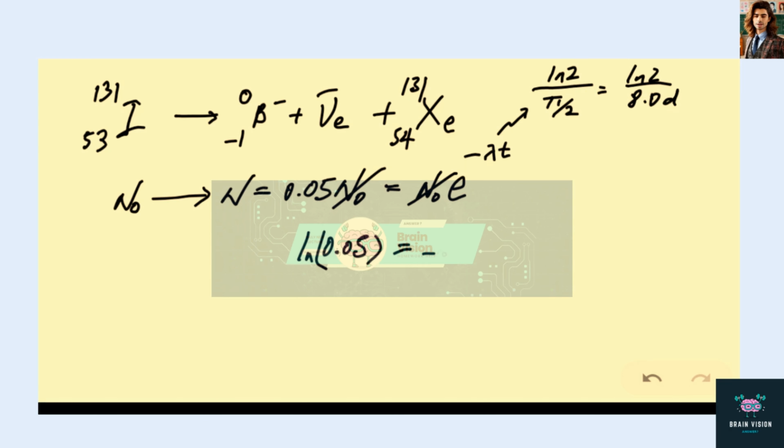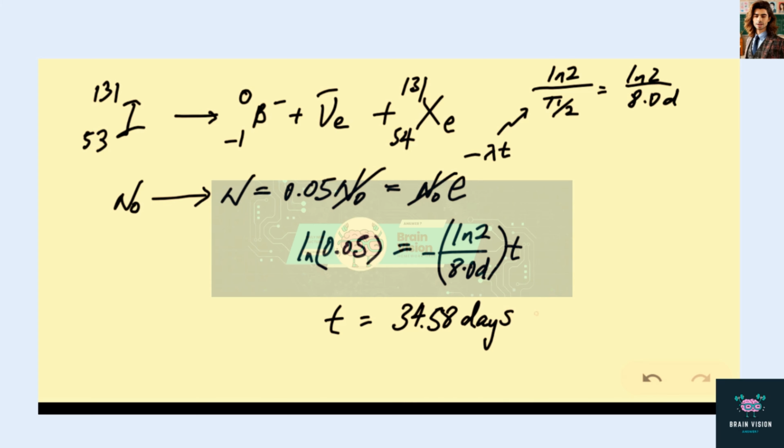We should get negative lambda times t, we bring the expression over to the left hand side to get our answer in terms of t. We should get a value of about 34.58 days, which is approximately 35 days.